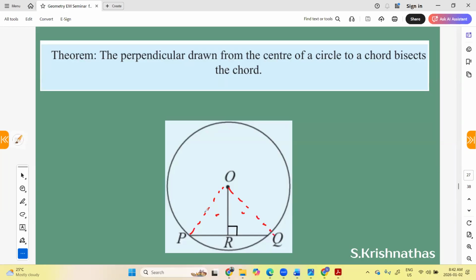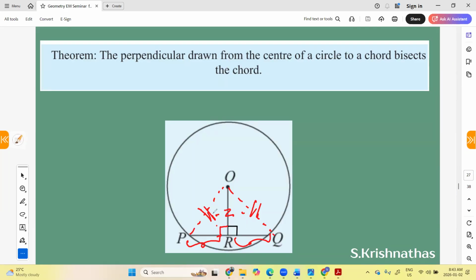In these two triangles, this is a right angle triangle, hypotenuse equals hypotenuse, OR, one of the sides is equal. So what can you say about these two triangles? The two triangles are congruent by the RHS case. PR equals RQ by corresponding elements of congruent triangles.